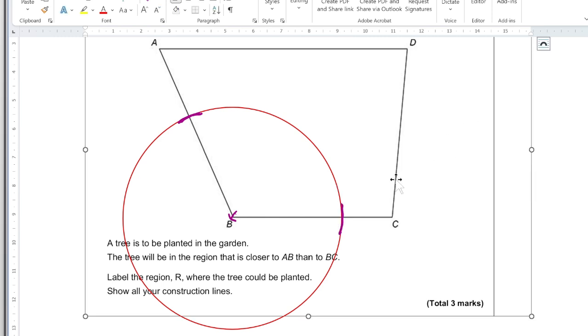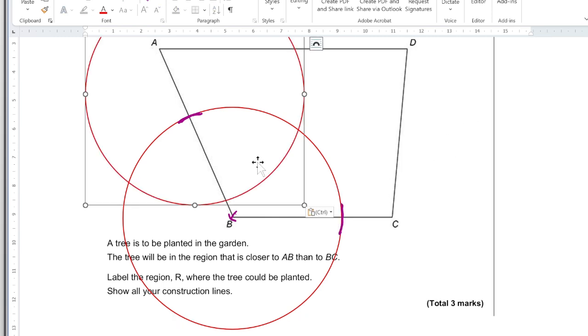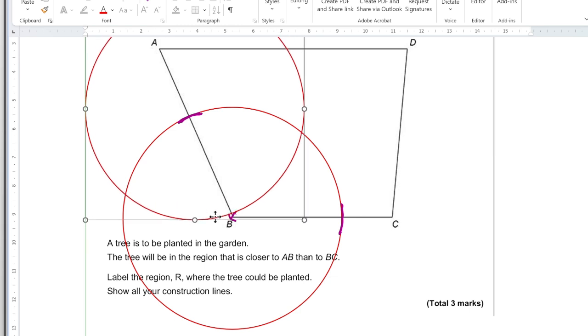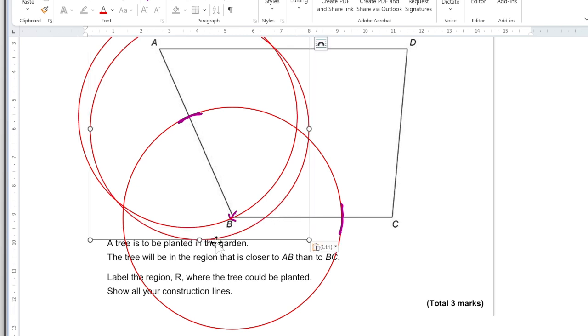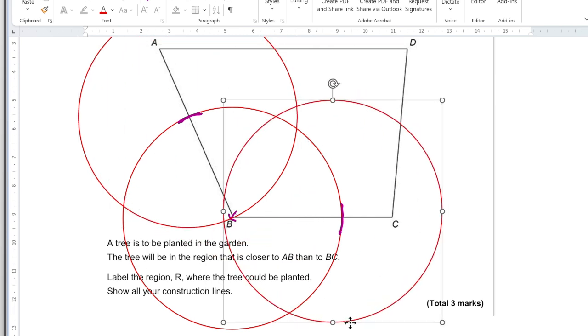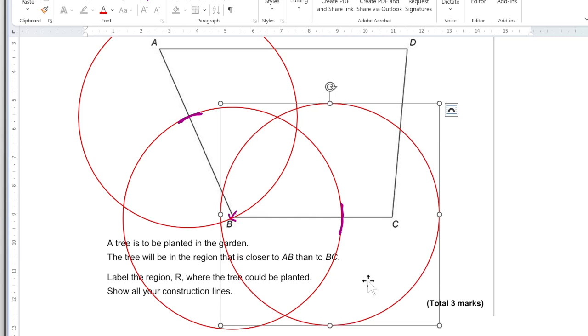So again, if I imagine doing that, roughly if I place this there, and then do the same from the other side, place that there. Where these two arc lines cross is really what I'm after, which is that part there.